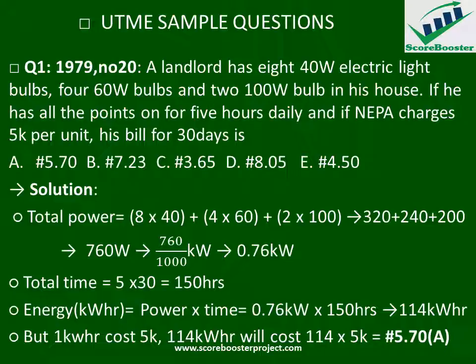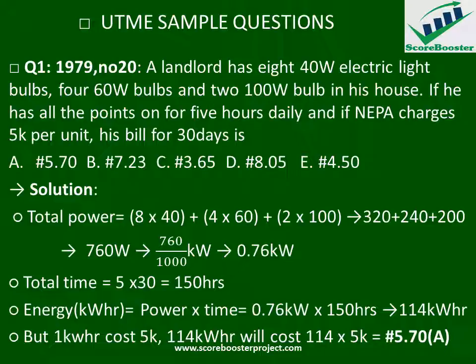So the total power will be the sum of the power of 840 watts plus that of 460 watts plus that of 200 watts. So the total of 840 watts will be 8 times 40, plus 460 watts will give us 4 times 60 watts, then plus 200 watts, which will give us 2 times 100 watts.